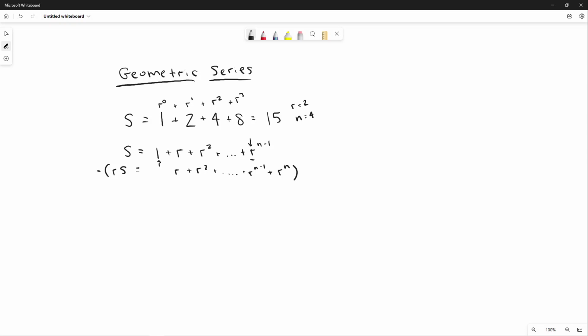So the left side of the equation becomes S minus R times S. And then here, if we're negating all these R's and we subtract them from the one above, first we're left with 1, so we'll bring that down. And then all these R's cancel. The R squared cancel, all these in between, and then the second to last here cancels with the last one here, and we're left with minus R to the n.